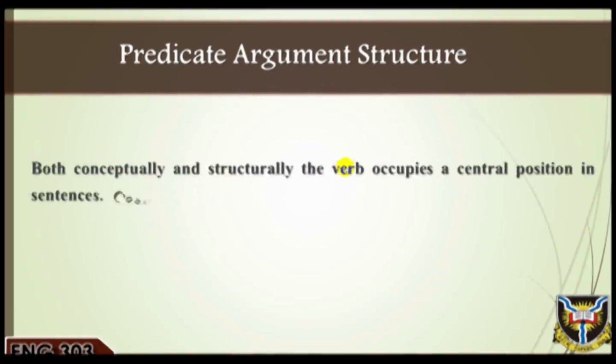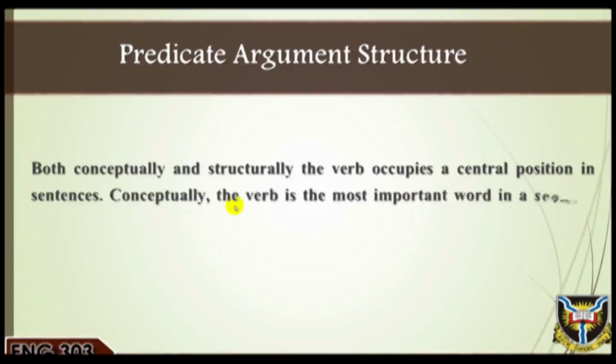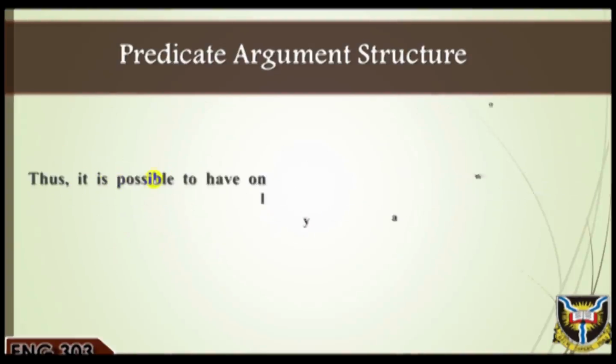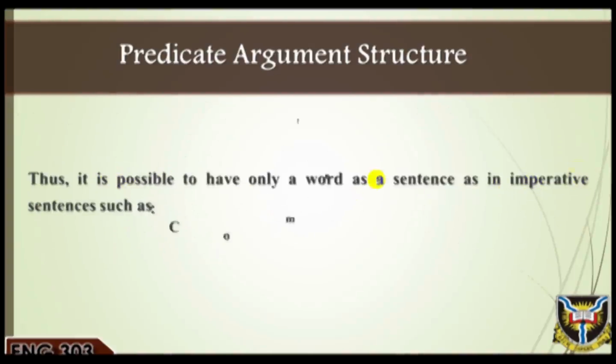Predicate argument structure. Both conceptually and structurally, the verb occupies a central position in sentences. Conceptually, the verb is the most important word in a sentence because it carries the action. Thus, it is possible to have only a word as a sentence, as in imperative sentences such as come, go, jump, and so on.